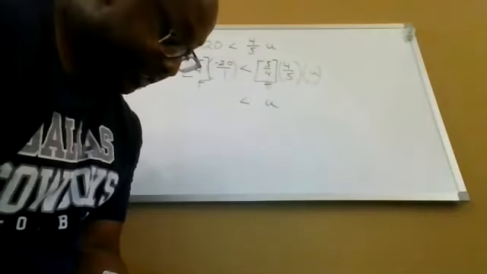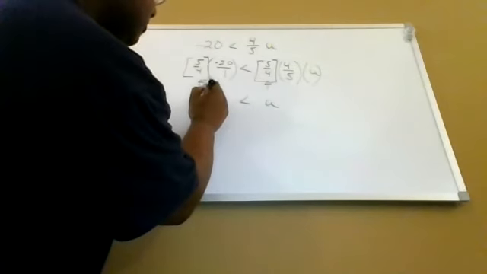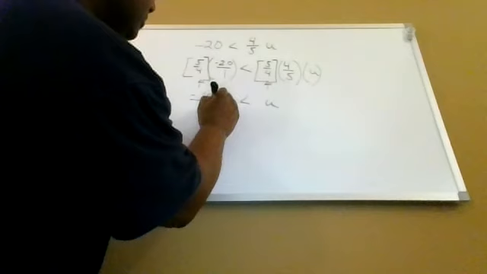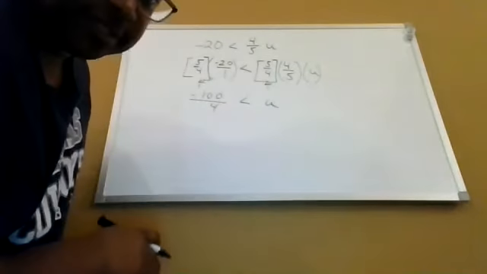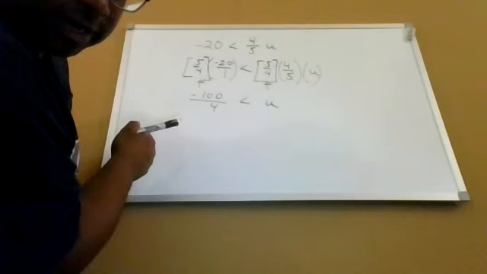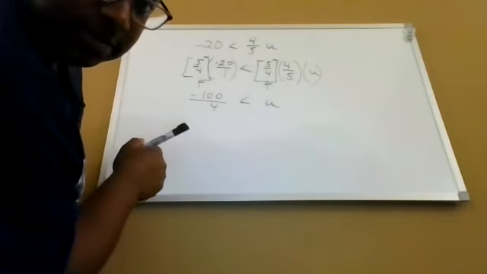And for the left-hand side, I have 5 times -20. That gives me -100 for my numerator. And for my denominator, I get 4 times 1, which equals 4.